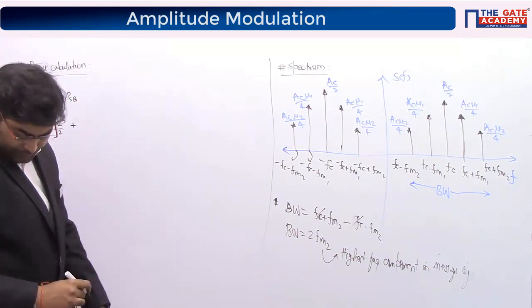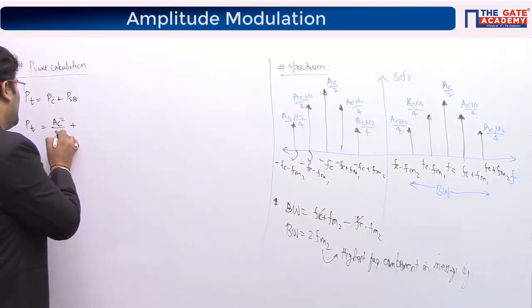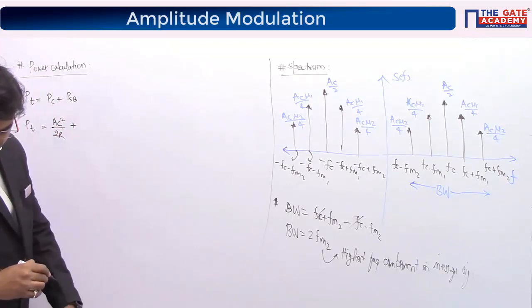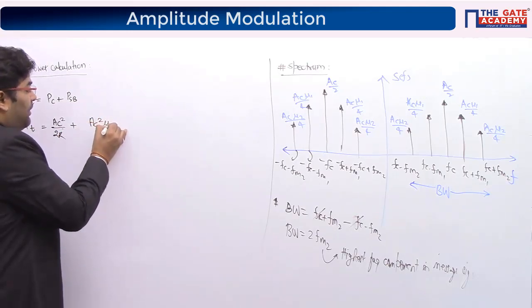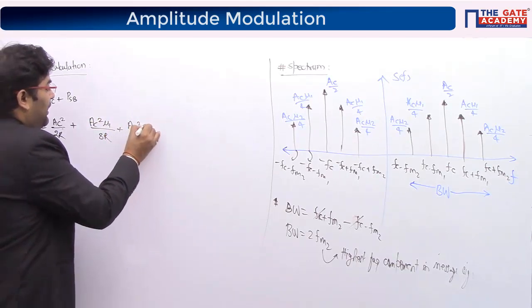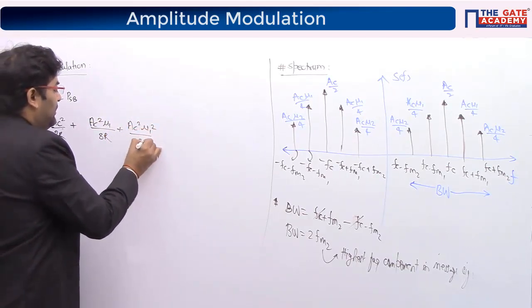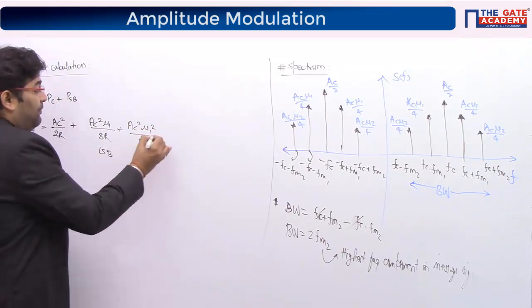Or if you want to write it in a more generic form, you can write Ac square by 2R. But what would the sideband power be? It will be Ac square mu1 square by 8R. Again Ac square mu1 square by 8R. So this is upper sideband, lower sideband.